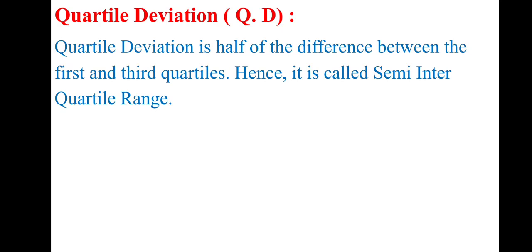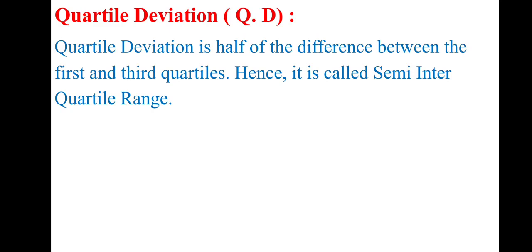Any unit we can take, 1 kilometer, 1 meter, 1 centimeter, whatever the measurement we are taking, if you divide it into 4 equal parts, that is called quartiles. If you divide into 2 parts, that is called median. If you divide into 4 parts, it is called quartile. One fourth of the values is called Q1, lower quartile or first quartile.